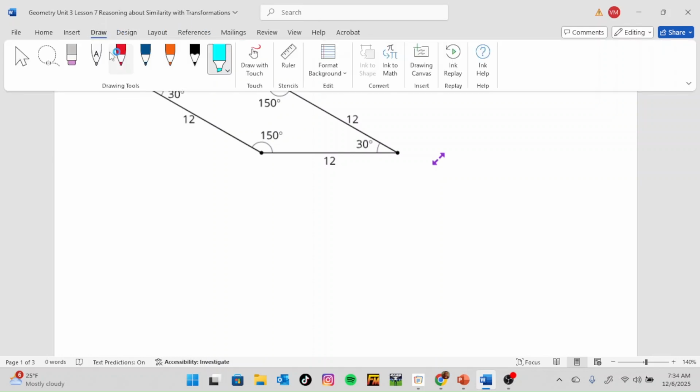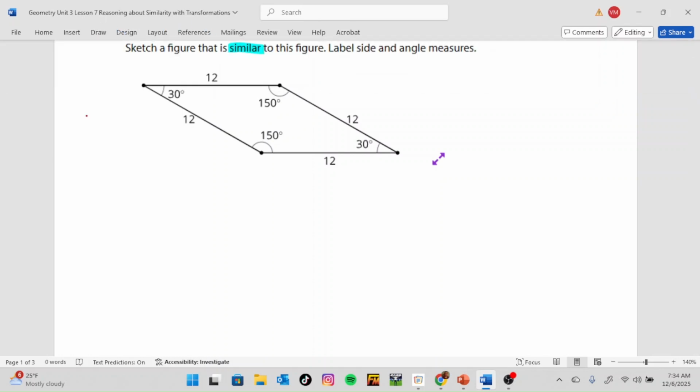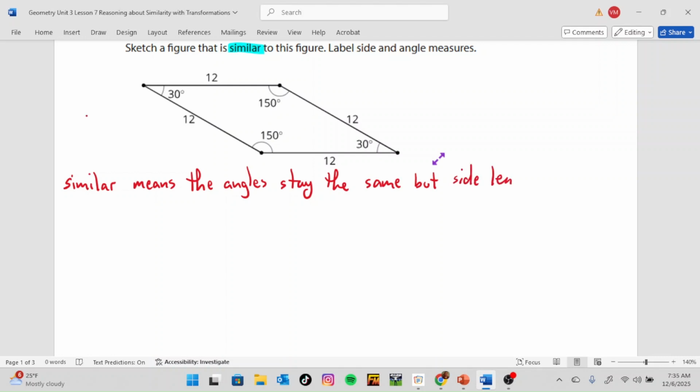We need to remember that similar means the angles stay the same, but side lengths are multiplied by a scaling factor.